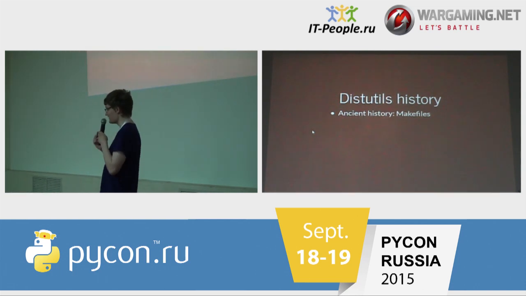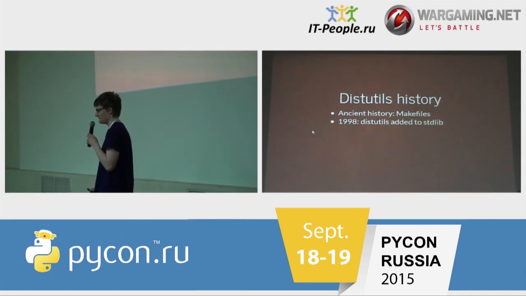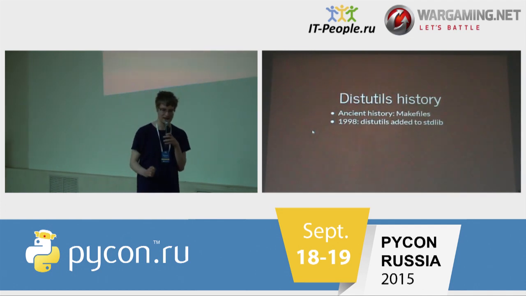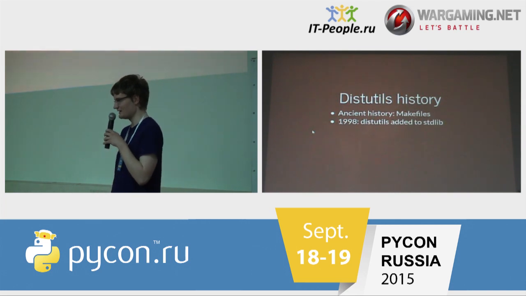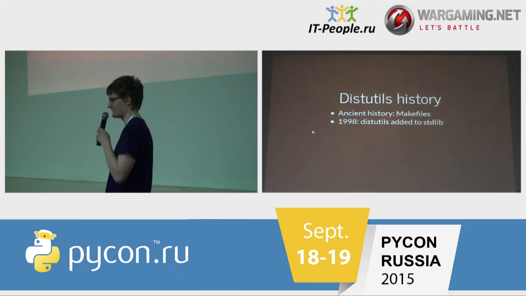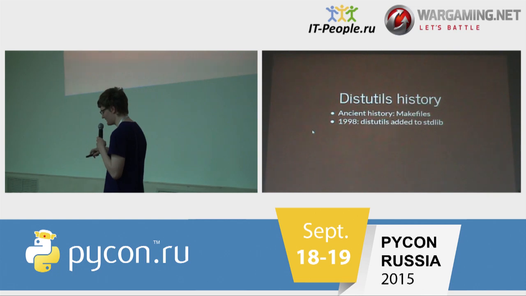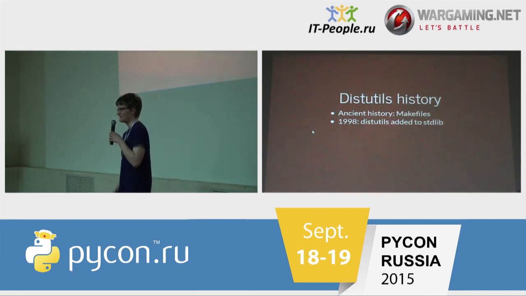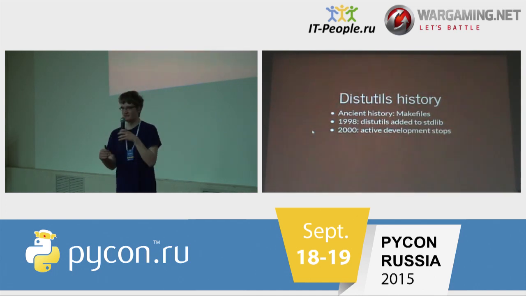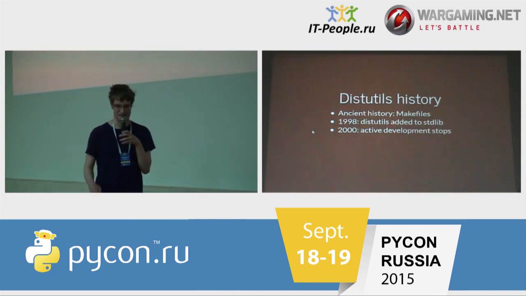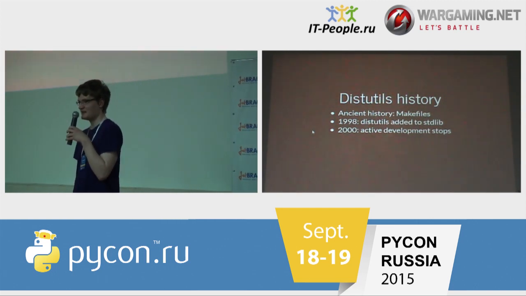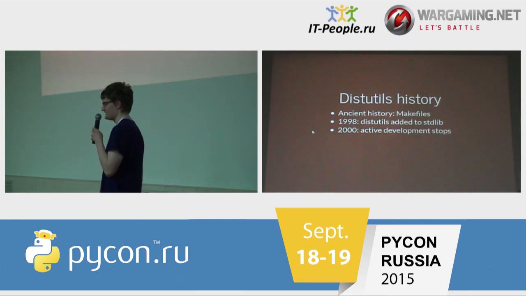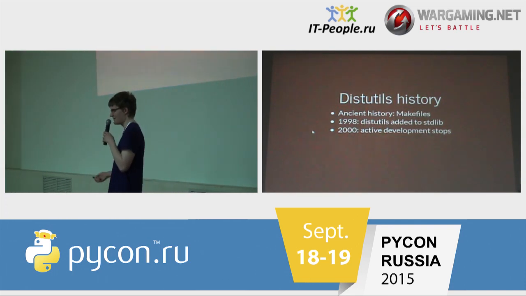So in one of the early Python conferences in 1998, a bunch of people got together and said, we should figure out how to do this better. And thus Distutils was born. There were several people who were involved in this, but one of them was naive enough to get roped into writing most of the code. His name was Greg Ward. And he worked pretty hard on it. He wrote basically all the Distutils code that we know today.